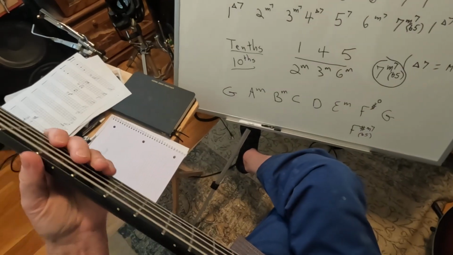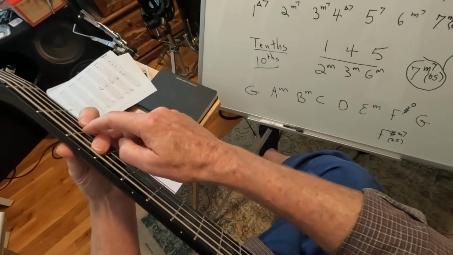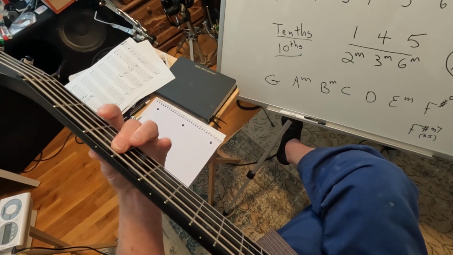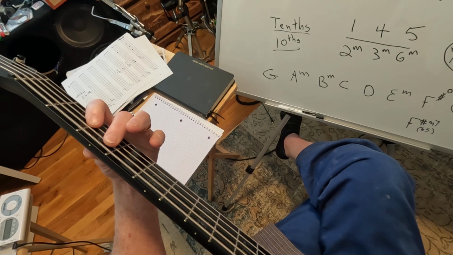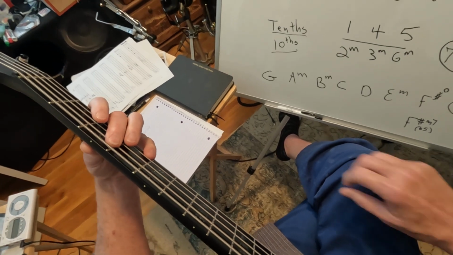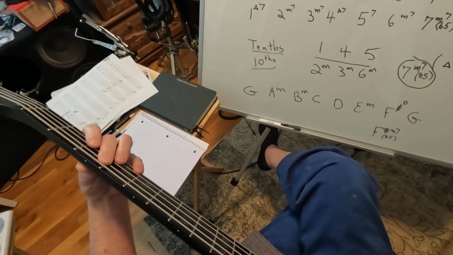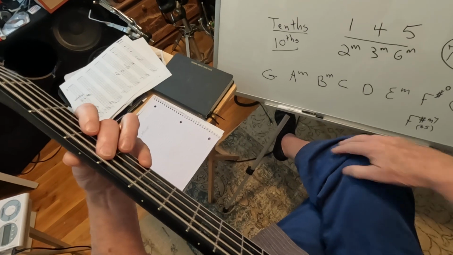Playing a 10th is just like a 3rd. So G, the 3rd in the chord G, is a B, and that's a 3rd. And all we're going to do is put it up an octave, and that gives us our 10th. So you can see the shape there.